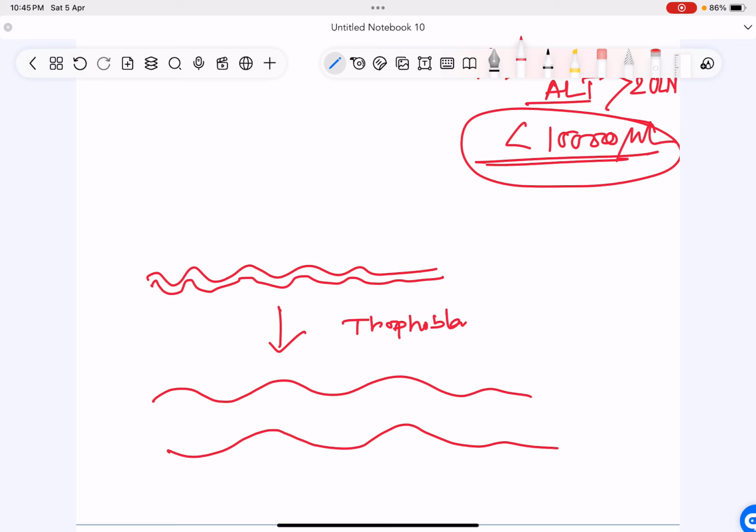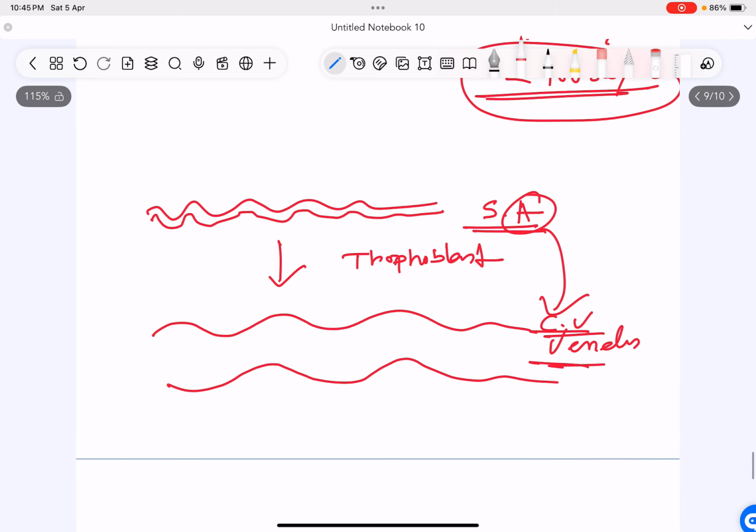So trophoblast is converting the high resistance spiral arteries into low resistance high capacitance vessels. So they are arteries but they are now becoming like a capacitance vessel, यानी कि एक वेन जैसा बन जा रहा है वो लोग. In case of preeclampsia, this remodeling of the spiral arteries by trophoblast is incomplete.